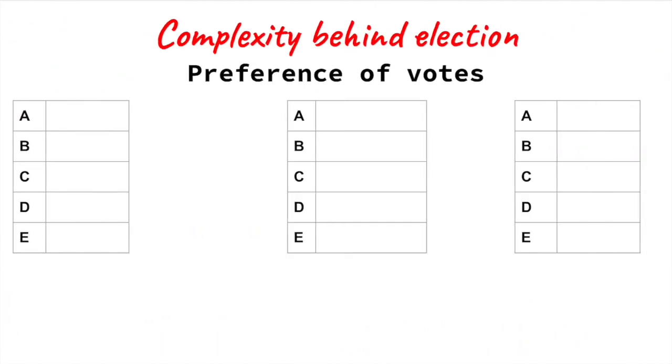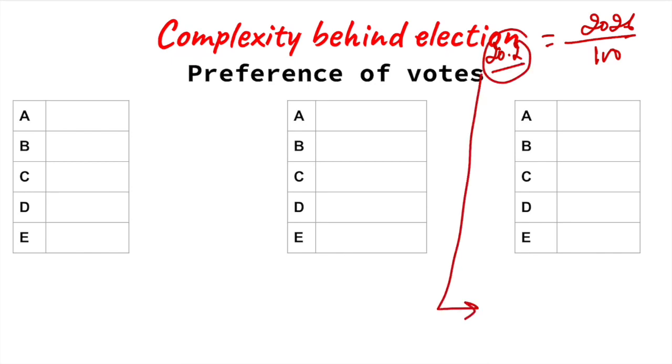Now, if we divide 2026 by 100, what do we get? It comes around 20.2. So it means that if any candidate wants to win the election, they must have the support of at least 21 MLAs, because we are rounding up the figure. 20.2 will be taken as 21, not as 20.